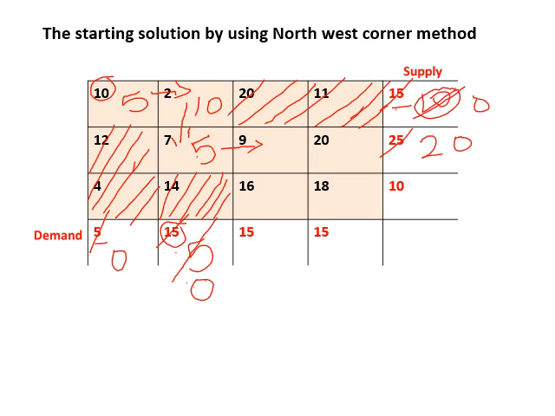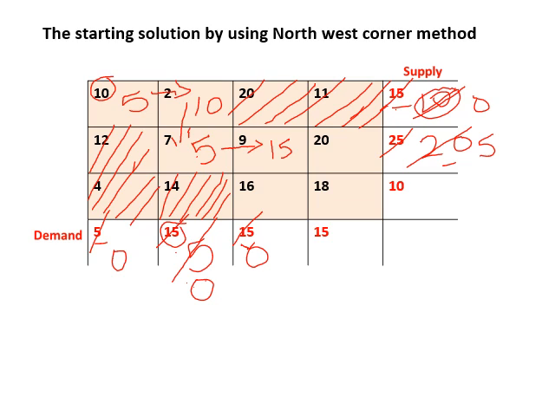And this cell is the intersection of demand 15 and supply 20. So we will take the value 15. Subtracting 15 from 15, demand becomes 0, and subtracting 15 from 20 equals 5.